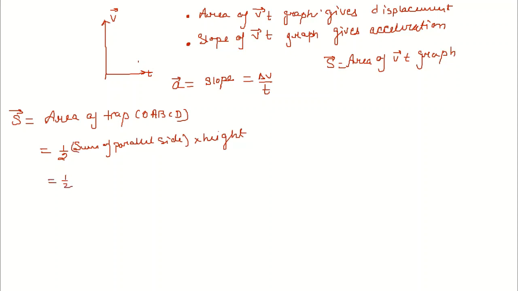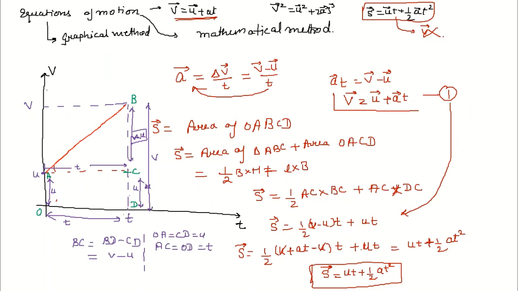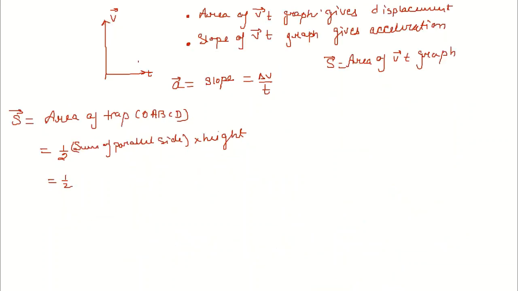The parallel sides are OA and BD, and the height is AC. So if I substitute the values, s is half of u plus v into t.